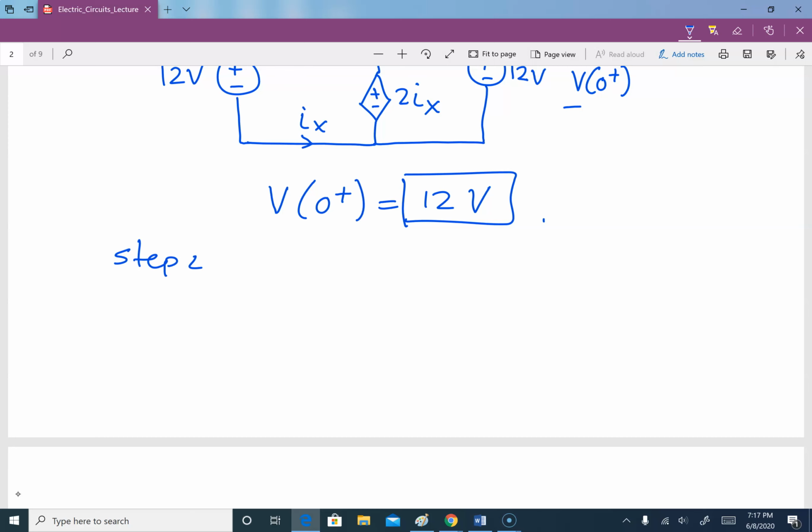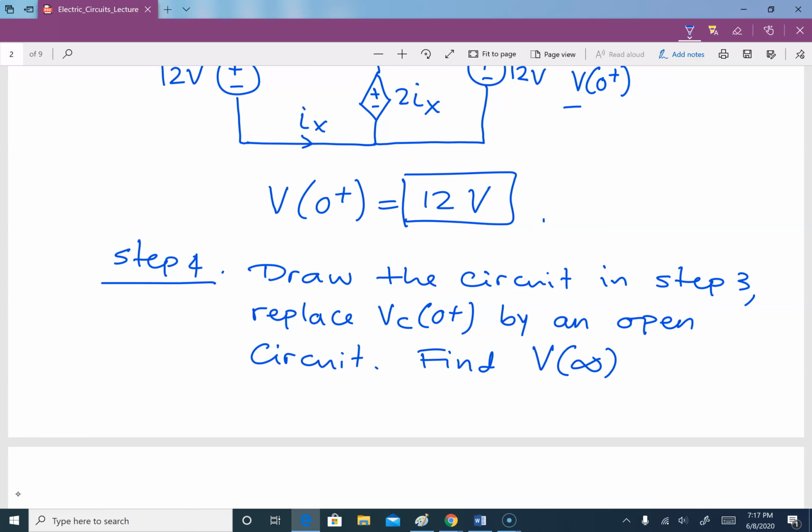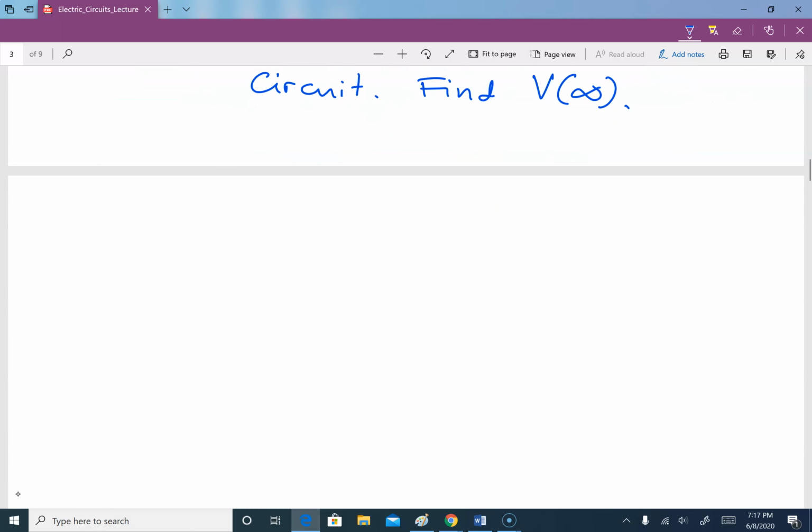Step 4. Draw the circuit in step 3, replace VC of 0 plus by an open circuit. Find V of infinity. So this is our circuit here.